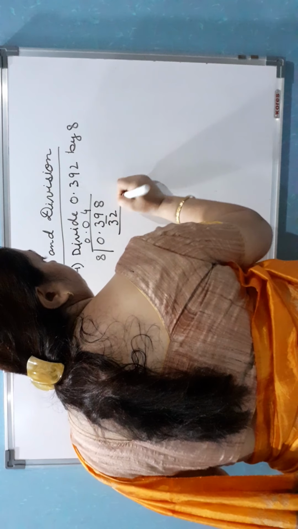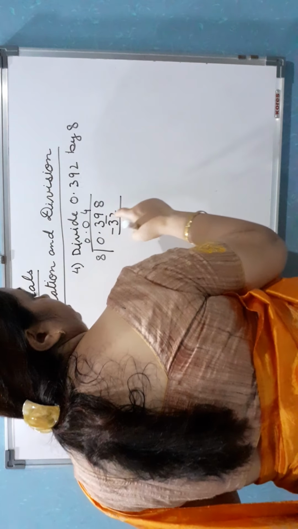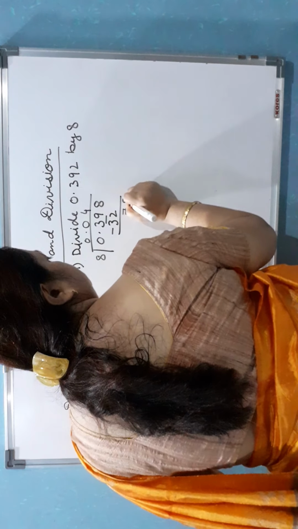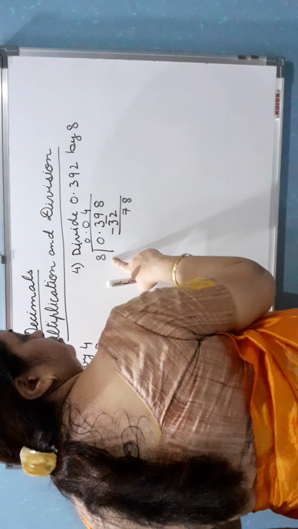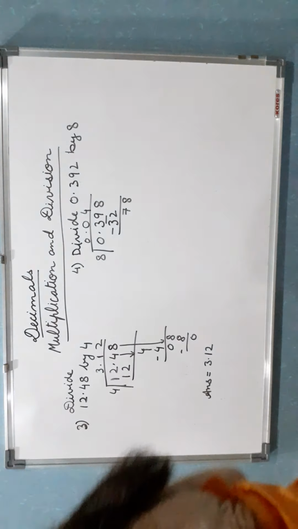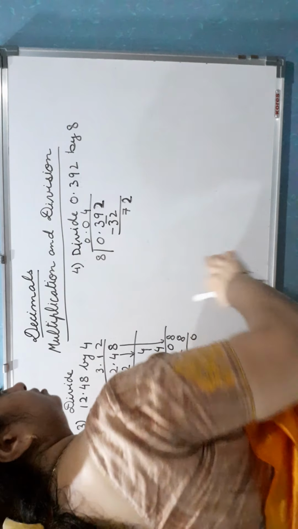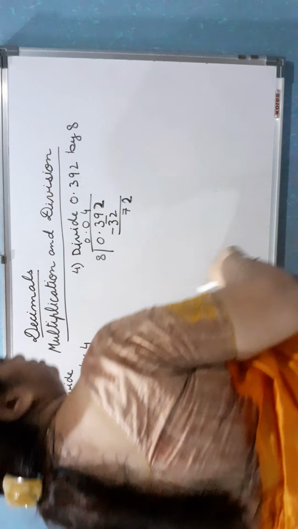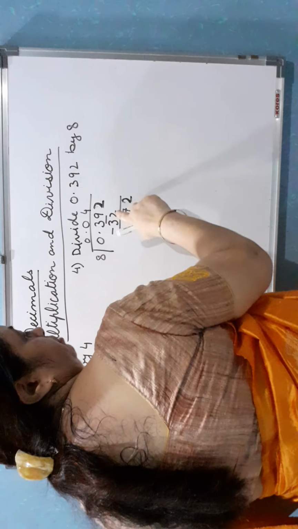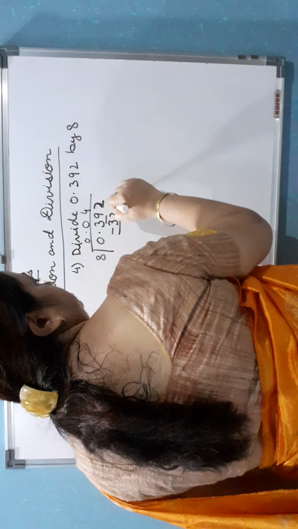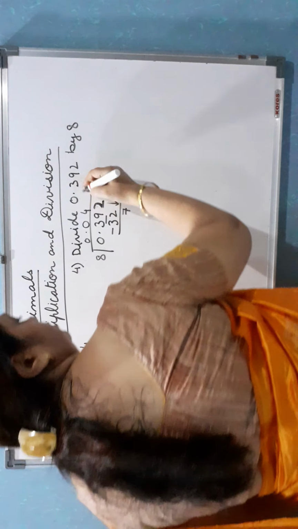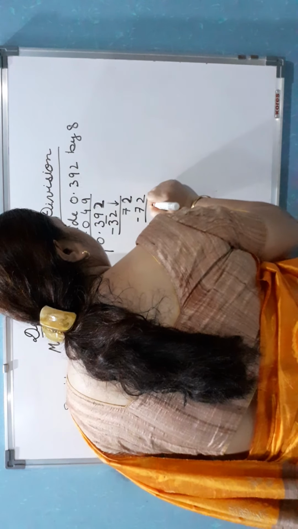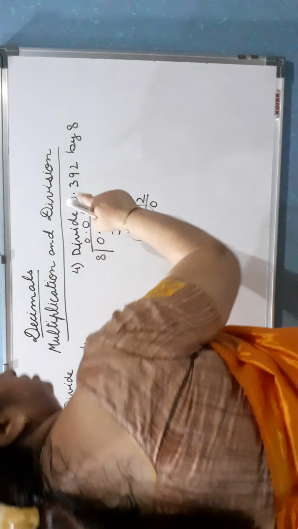So take this number. Okay. Then again subtract it. 9 minus 2 is 7. I was wrong, this is not 8. This is 2. Okay. So now 9 minus 2 is 7. You bring down 2 here. So 8 9s are 72. So your answer is 0.049.